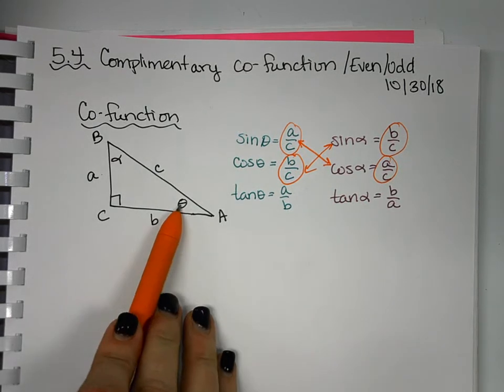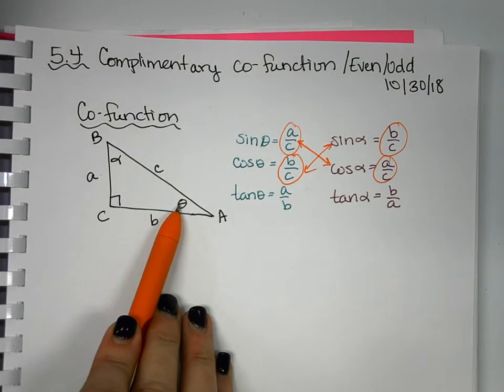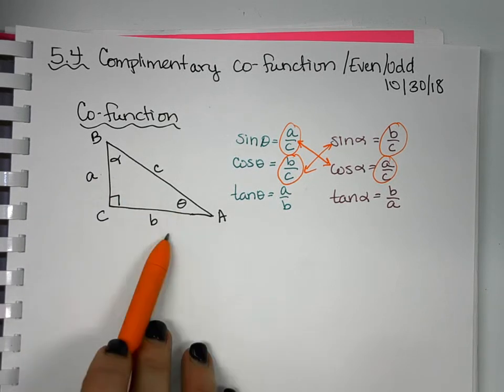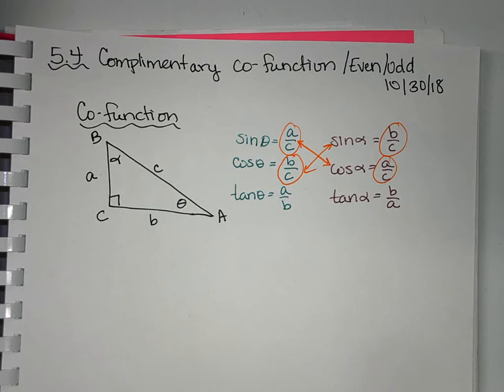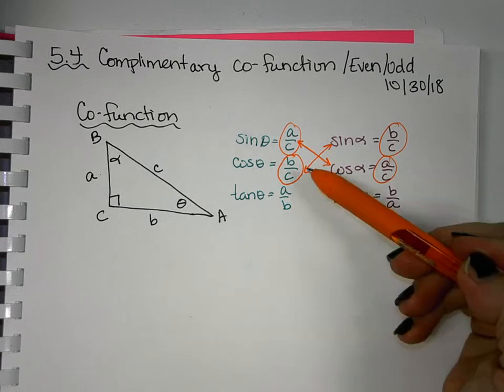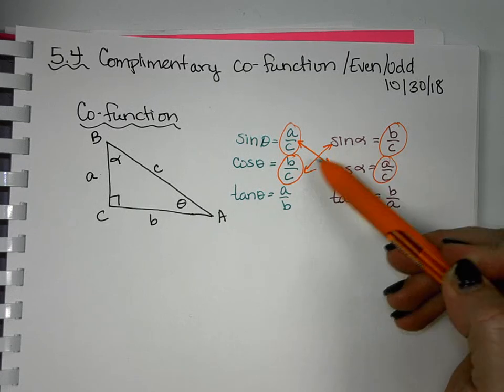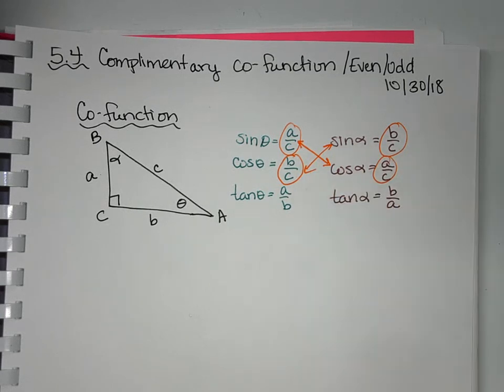Well, what I want to point out is how alpha and theta have to add up to 90, making them complementary angles. So what we're going to be looking at today are called complementary cofunctions. Because sine of alpha and cosine of theta have the same ratio, these are considered cofunctions.